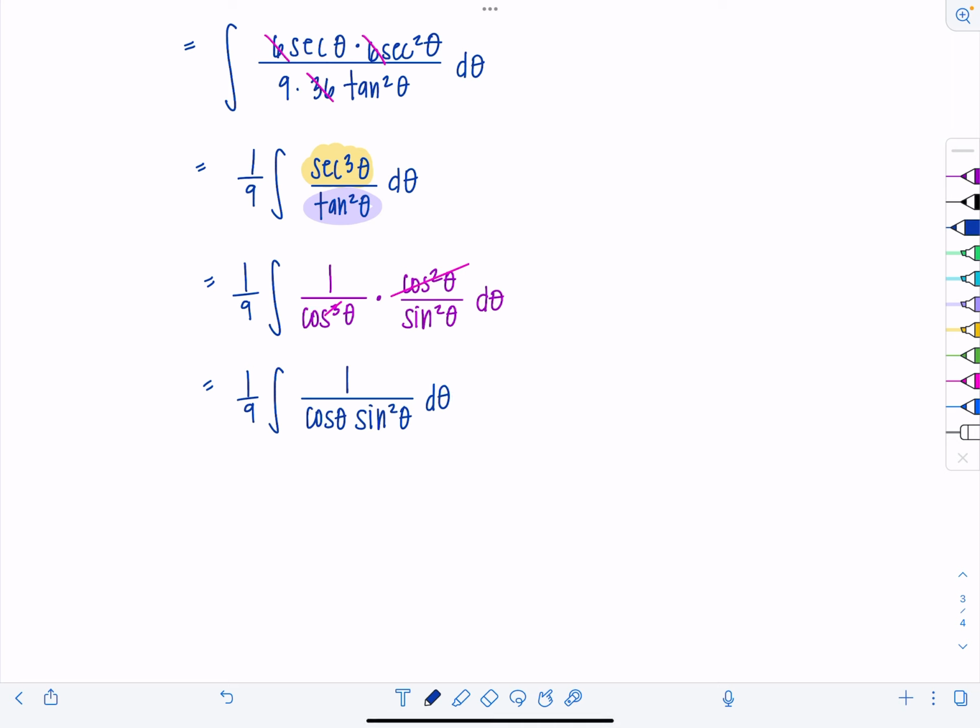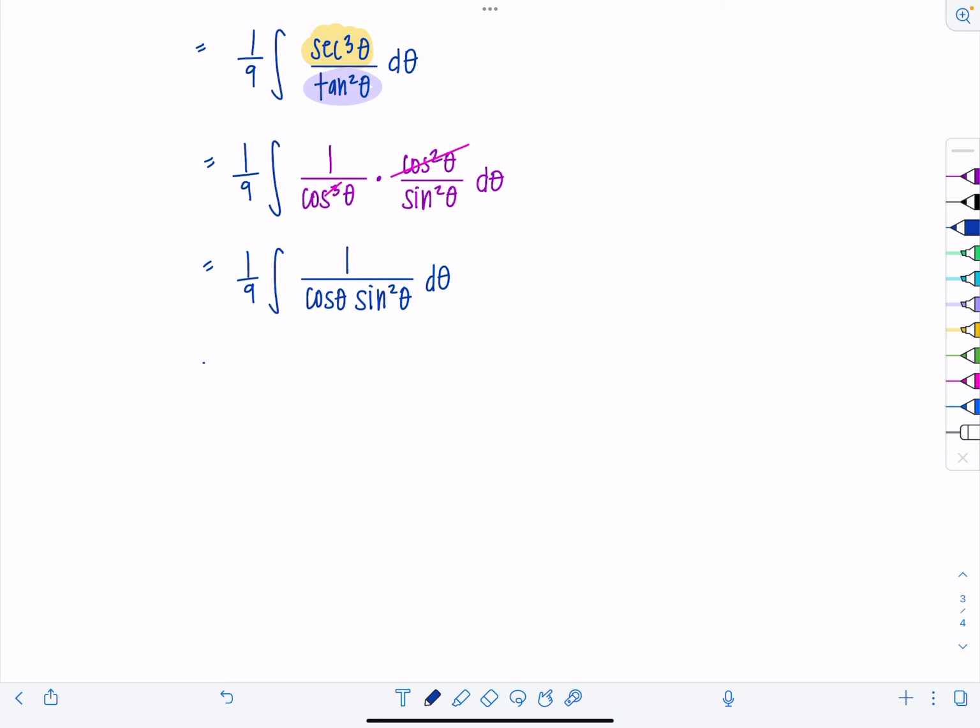But now maybe you're stuck again. We can't do a u sub because if I try to let u equal sine theta, my cosine theta is in the denominator. It's not in the numerator, so that won't work. Vice versa won't work. So it feels like we're stuck again. Okay, let's break things up, see if we can use some other trig expressions. And I'm going to rewrite things. Instead of 1 over cosine theta, all right, this is going to become secant theta.